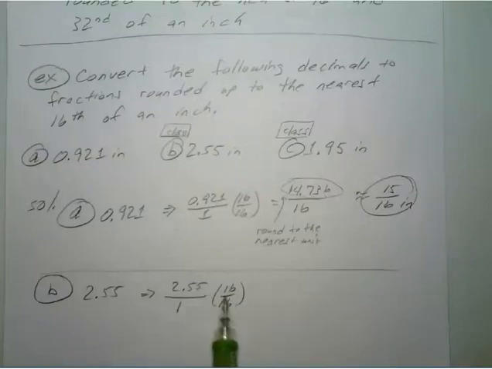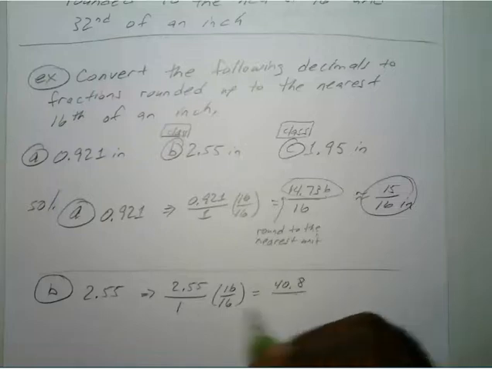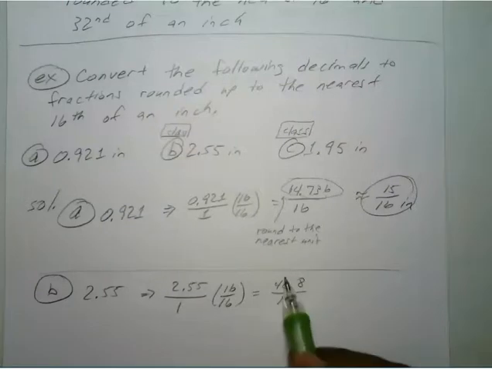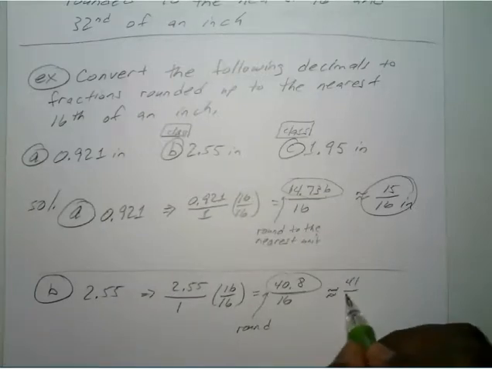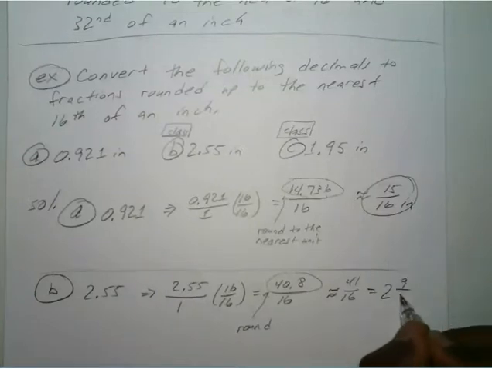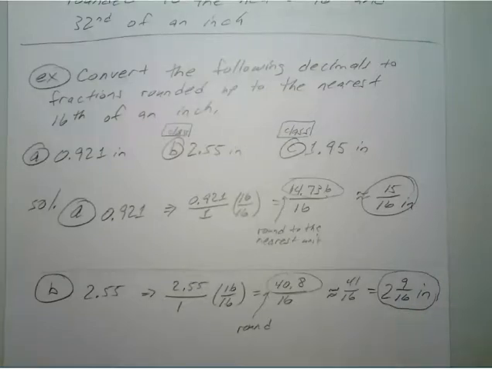So 2.55 times 16 is 40.8, and 1 times 16 is 16. Once again, we round our numerator to the nearest whole number. So 40.8 rounded is 41. So this is approximately 41 over 16, which is equal to 2 9/16 of an inch, since this is an improper fraction.